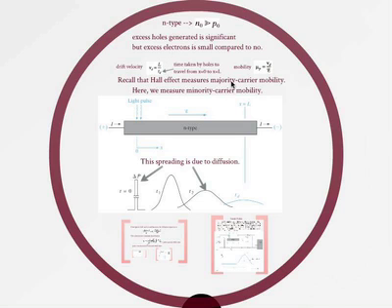Then recall that the Hall effect measures majority carrier mobility. Here we measure the minority carrier mobility. So the system is the same, but now you need to monitor. You need to generate this pulse at some instant of time, and monitor some distance down to see when the pulse arrives. So with the oscilloscope, you look for a current.